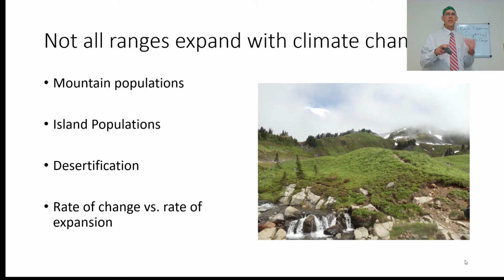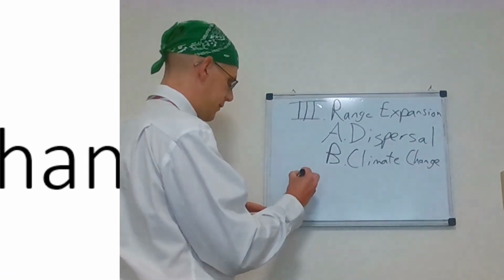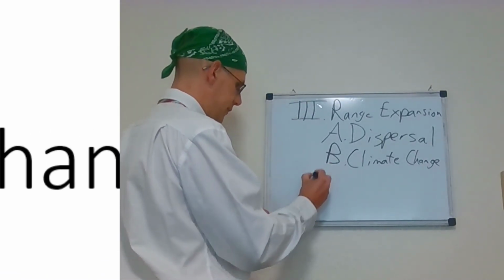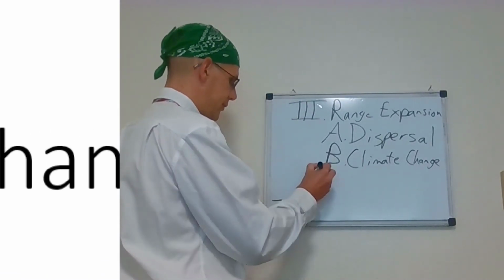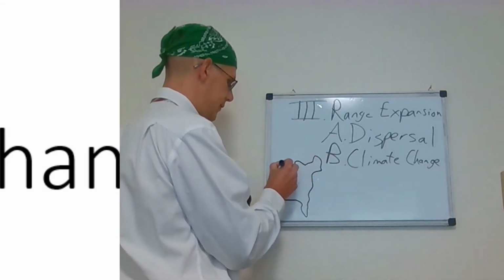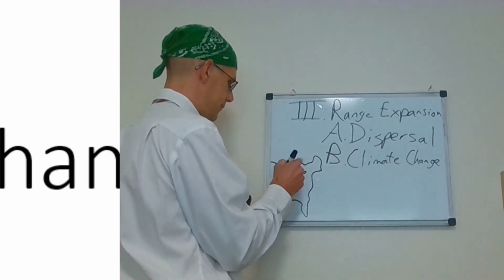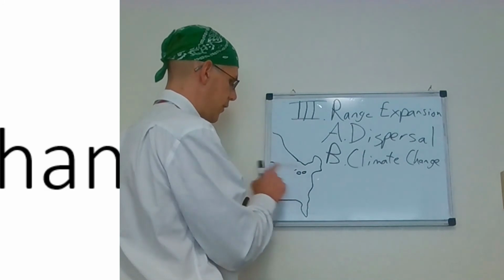So if the climate is changing faster than the organism can move, let's say you have North America here, Florida is really currently North America. There's some Great Lakes, whatever.